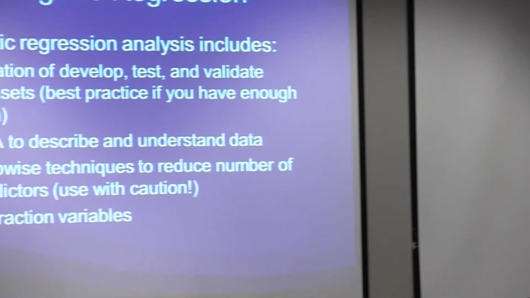And then finally, another piece of regression is the ability to look at interactions. Just like we talked about interactions before with ANOVA, you can have interaction terms in your regression model, and there's a lot to play with there. So regression is definitely much more of an artistic type of thing than a chi-square.